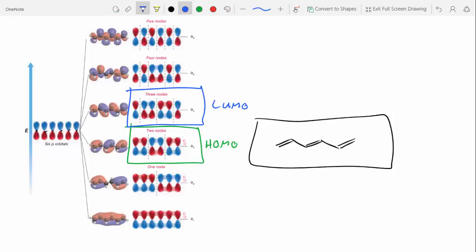So if we were to add on even more and more double-single bond alternations onto the end of this, that gap would begin to shrink smaller and smaller, which means it would take less energy to excite an electron from that HOMO band into the LUMO band. And we talked a little bit about that when we were looking at UV-Vis spectroscopy with beta-carotene.